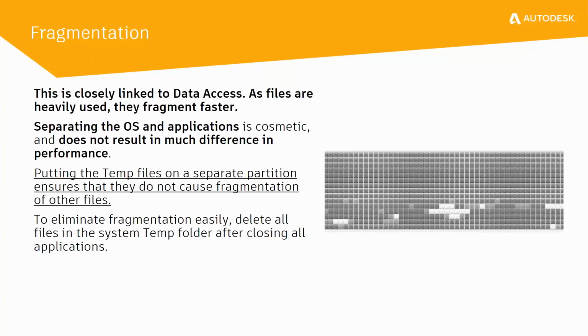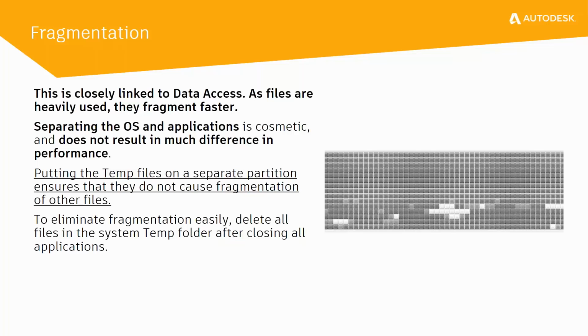And when it comes to fragmentation, this is closely linked to data access. As you are working with files, they effectively become fragmented. They end up breaking files up and locating them across various different aspects of your data storage devices.